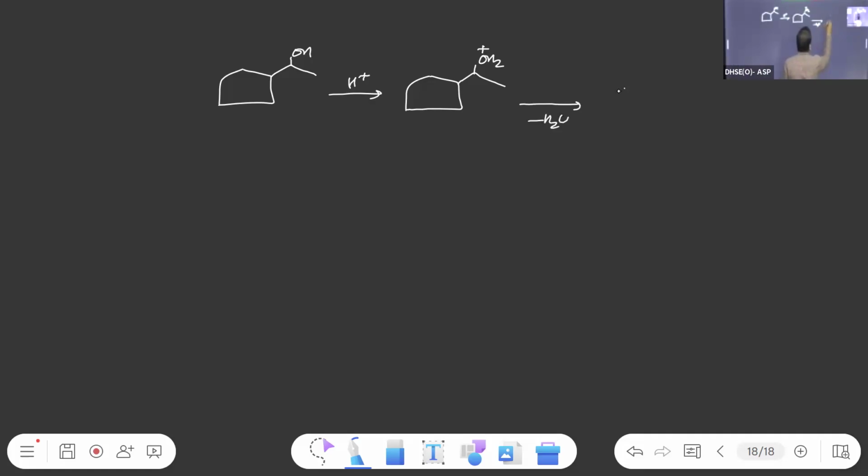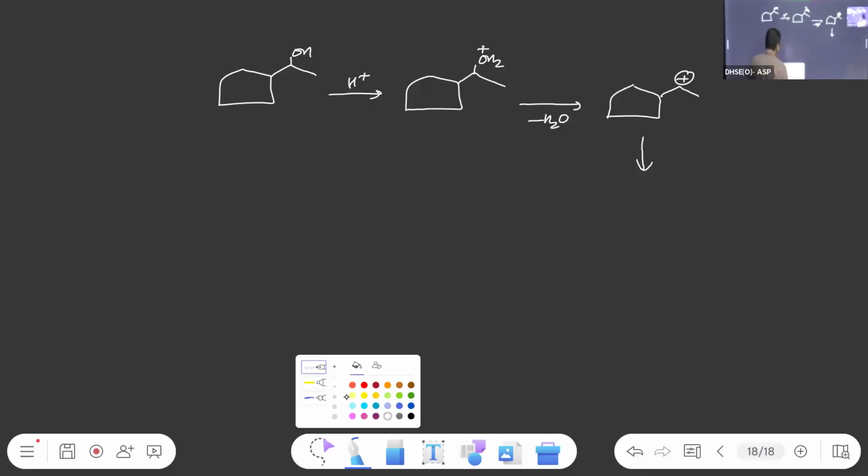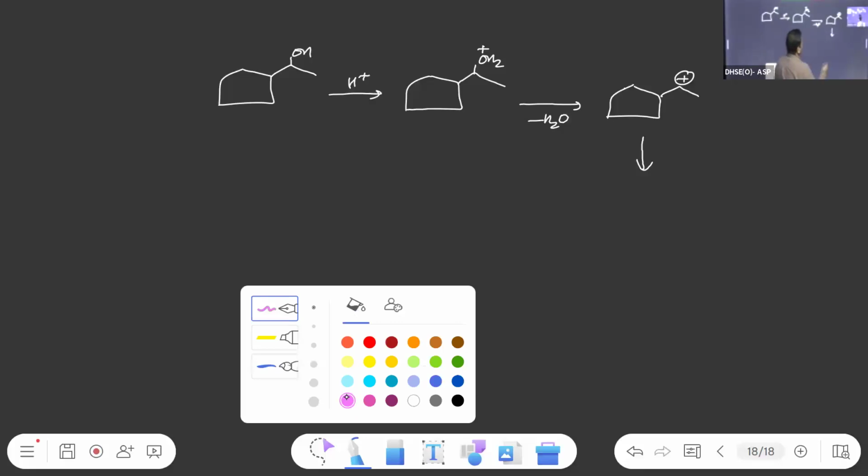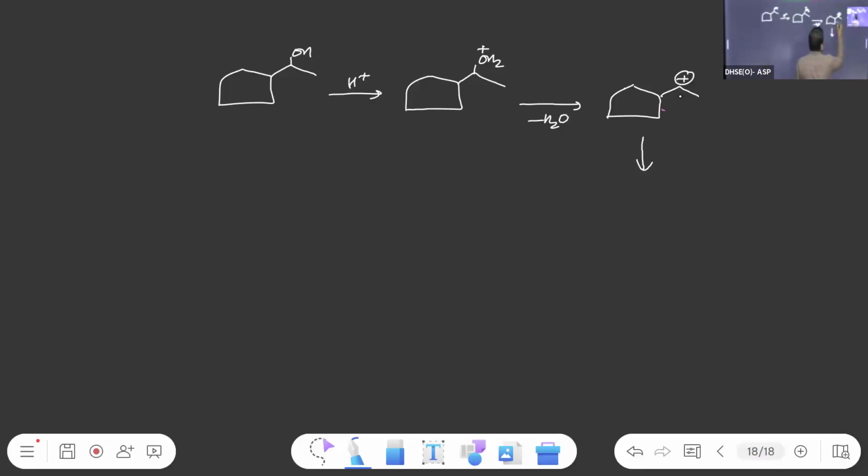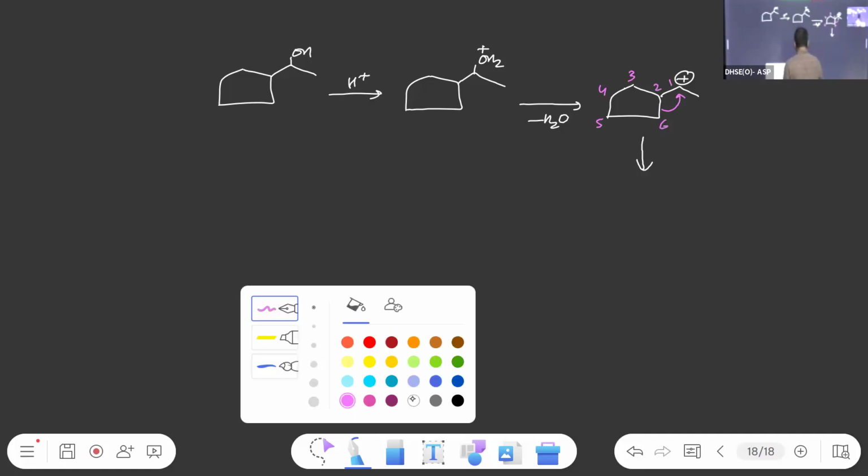Then after releasing water, it is a carbocation, 5-membered ring, and at the alpha position, carbocation center. So ring expansion. After ring expansion, the 5-membered ring will be expanded to give a 6-membered ring.